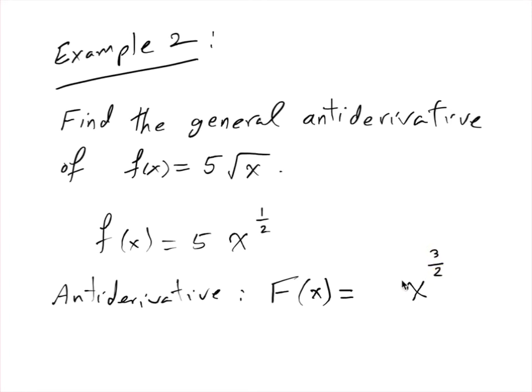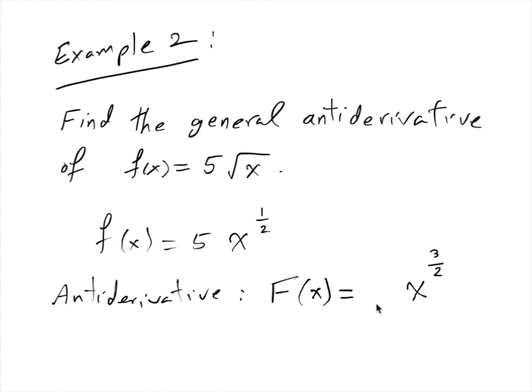Now think about taking the derivative of this so we can adjust what coefficient to put in front of it. After you multiply by 3 halves, you get 5. So the algorithm would be to divide 5 by this new exponent, 3 halves, or multiply by 2/3.